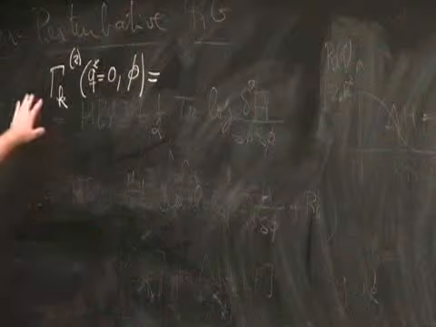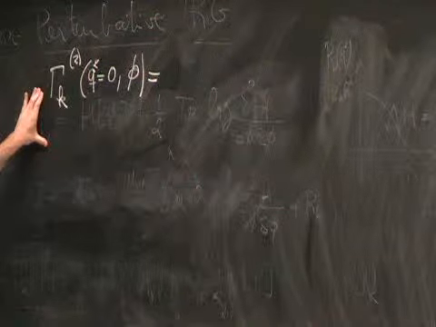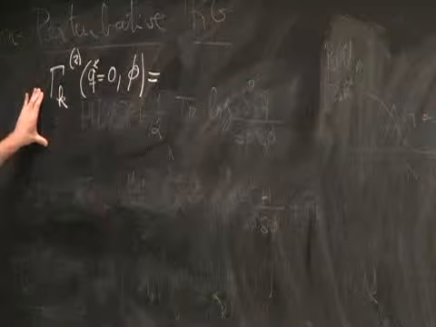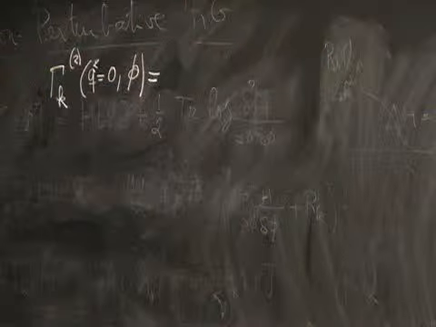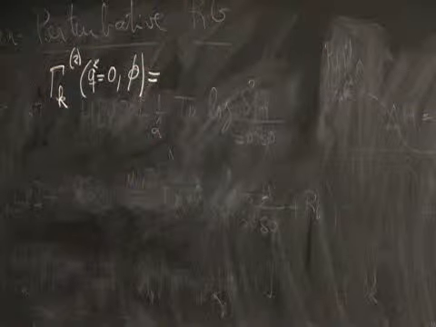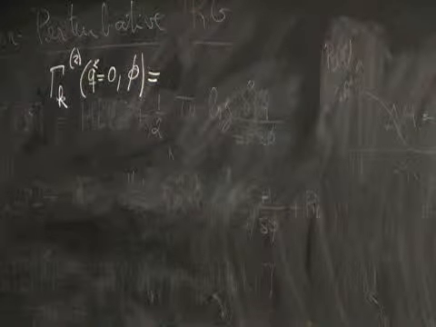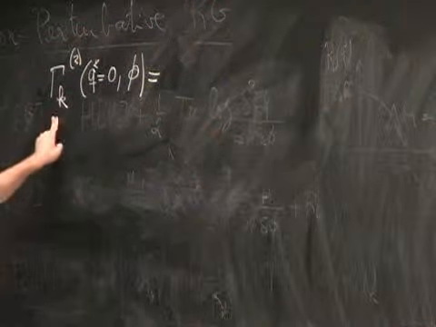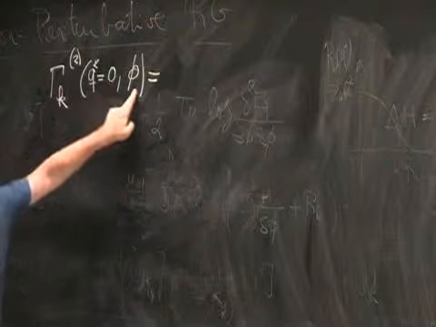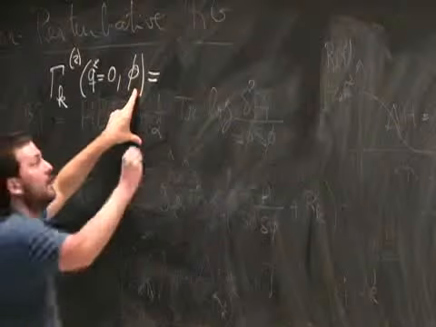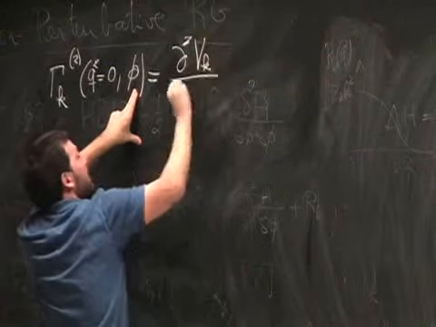This is the second derivative of gamma, but if you are at zero momenta, taking the derivative with respect to the zero Fourier component is like taking the derivative with respect to a field that is how in space? Constant. So taking the derivative with respect to the field at zero momenta is the same thing as taking the derivative with respect to the constant external field. So this is nothing but the second derivative of the potential.